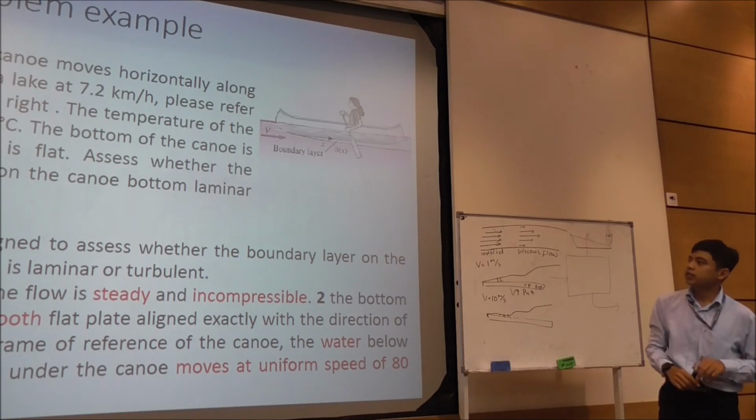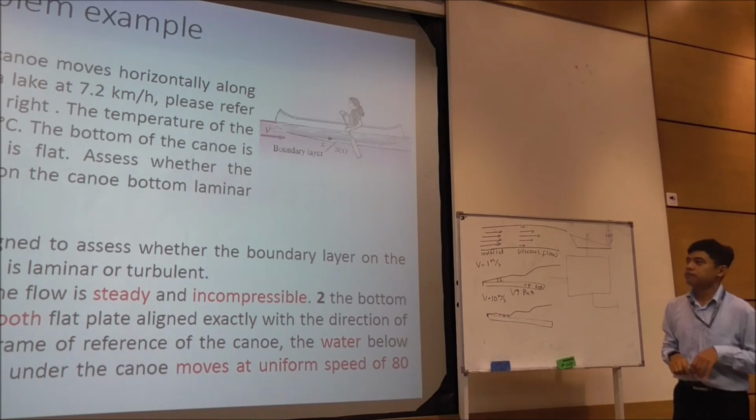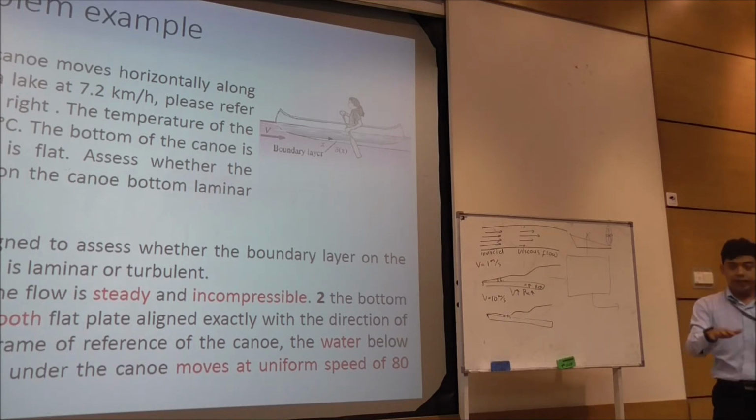Okay, you refer to the figure. The bottom of the canoe can be treated as a 5 meter long plate, and it is flat. The temperature is 20 degrees C. So now you need to find out whether the boundary layer on the canoe bottom is laminar or turbulent. How do you do that?